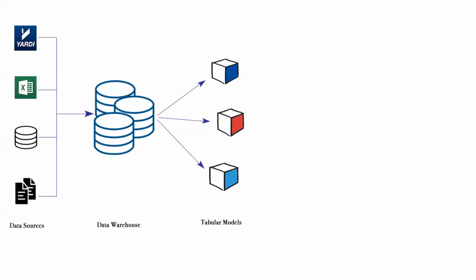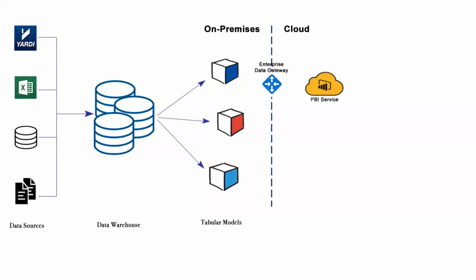It will be like a semantic model between your data warehouse and the front-end reporting. Again, it could be an on-premises solution or a cloud solution. For right now, I picked this one as an on-premises solution to give an understanding.